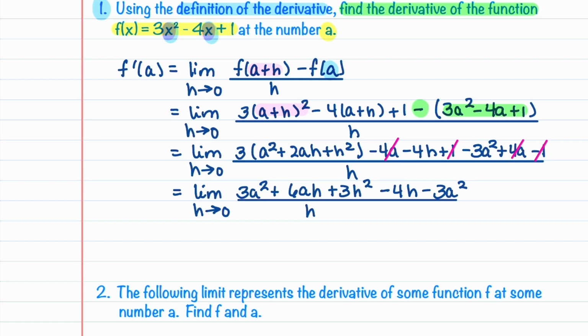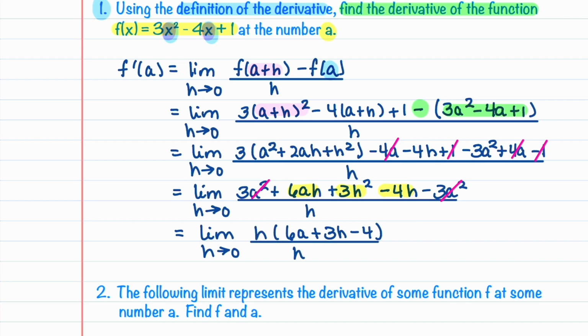Let's again look and see what cancels. This term cancels with this term, and nothing else cancels, but notice these three terms. Do you see that they all have an h common to them? Because of that, we can go ahead and pull an h out. So this is the limit as h goes to 0 of h times 6a plus 3h minus 4, all divided by h.